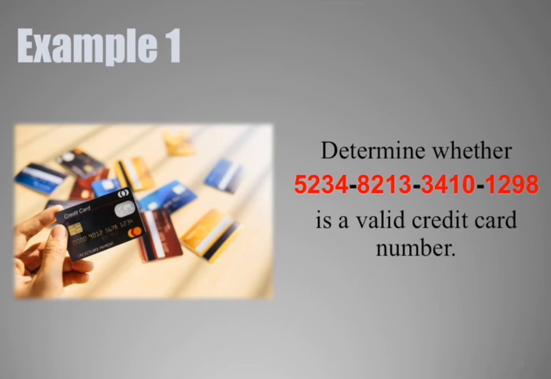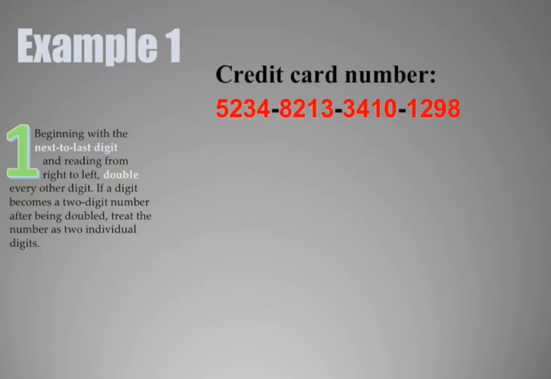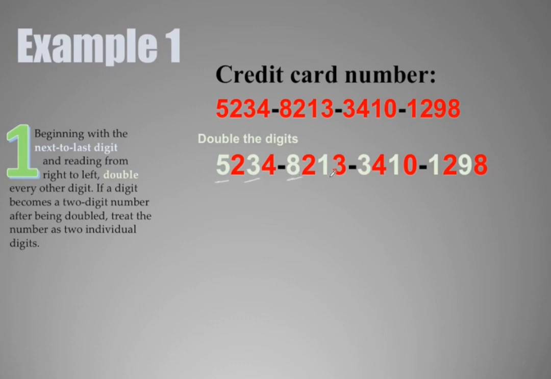First example, let's try to determine whether 5234 8213 3410 1298 is a valid credit card number. So beginning with the next to last digit, reading from right to left, this is 9, we need to double every other digit. So meaning 9, 1, 1, 3, 1, 8, 3, 5 will be multiplied by 2.